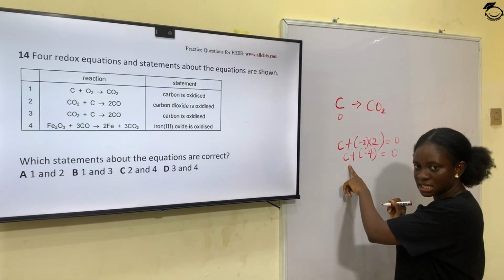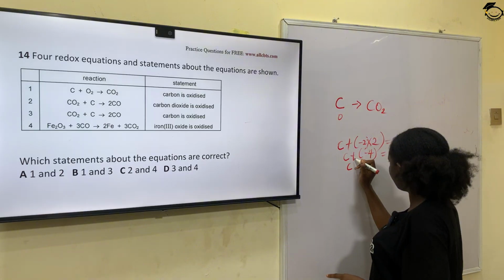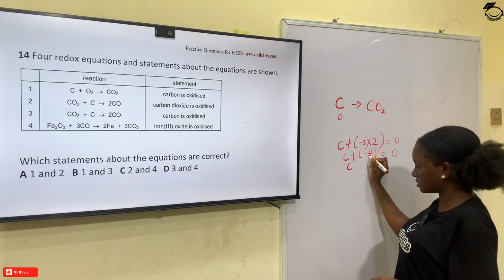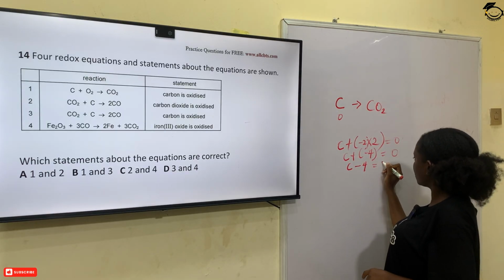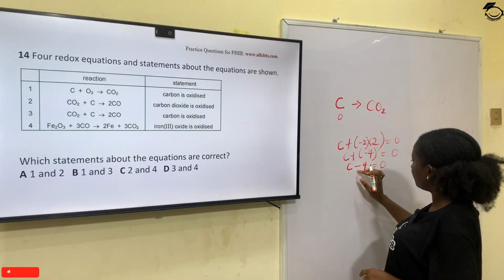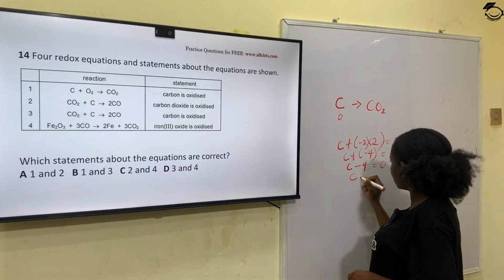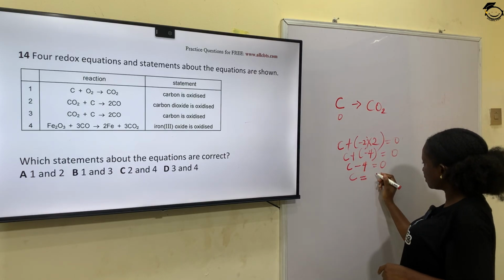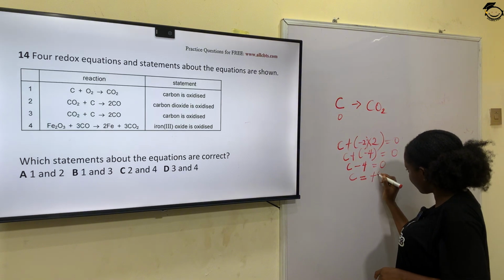To make C the subject of the formula, -4 goes to the right hand side, and the sign changes to plus, so C equals +4.